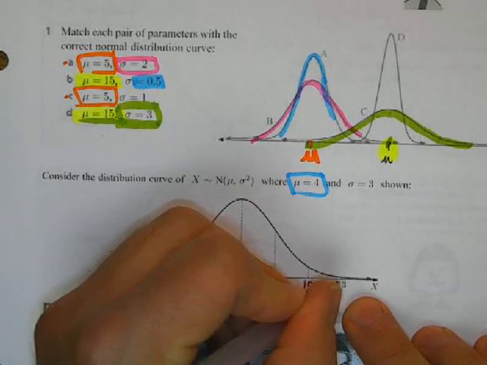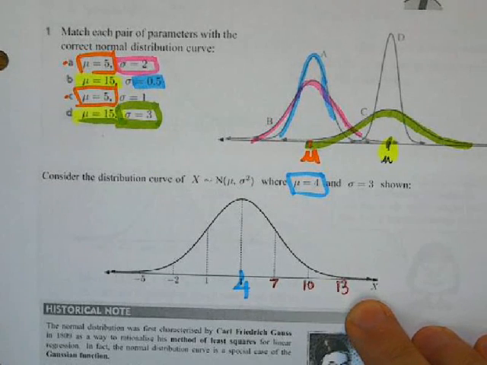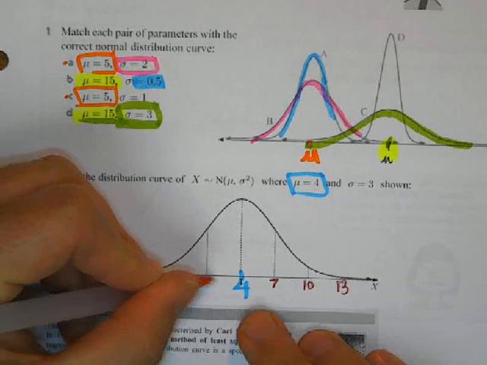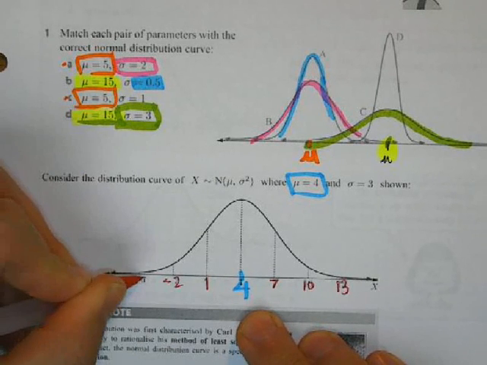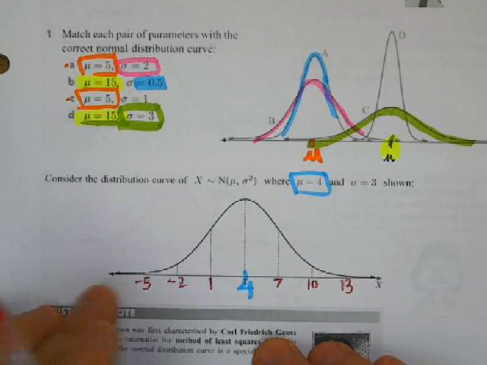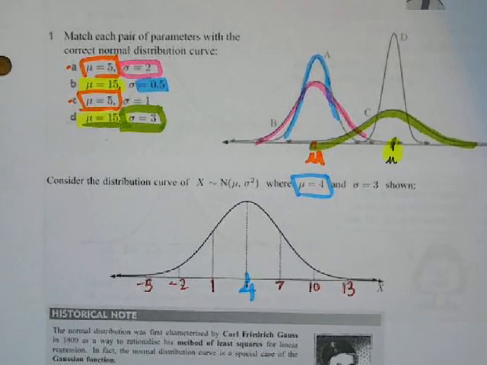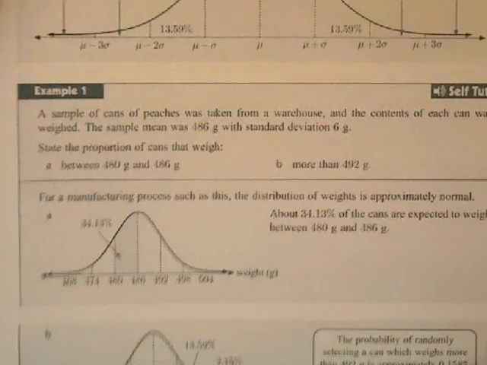I'm going to add 3 to get 3 standard deviations. And then here I subtract 3, subtract 3, subtract 3 to get 3 standard deviations in the negative direction. Okay. So here's this curve which I just mentioned to you. I hope you print this out.